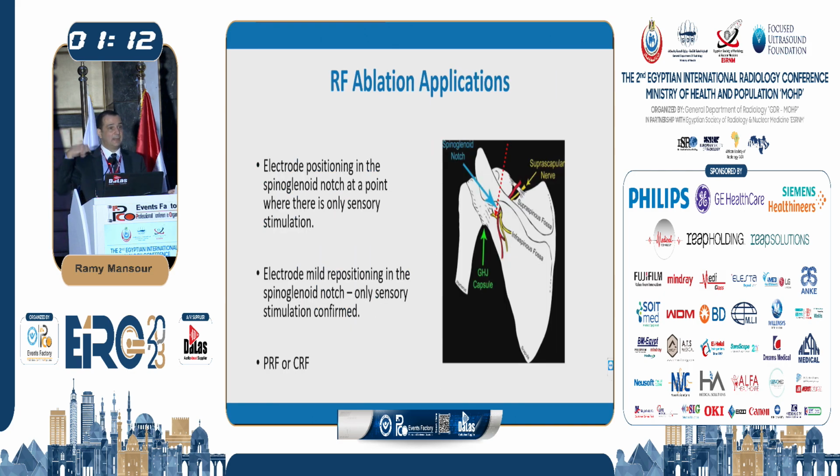So we go from the supraspinatus approach, and the whole reason why we do that is because we want to be parallel to the nerve. This is the whole idea of coming from the top, because if you come directly, you might miss the nerve. And you have two options.